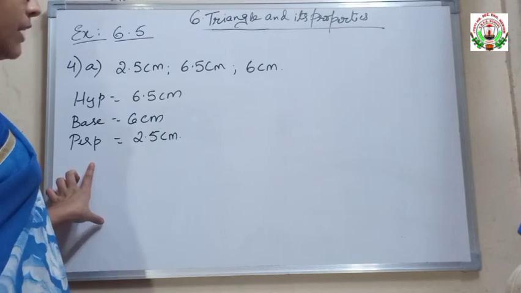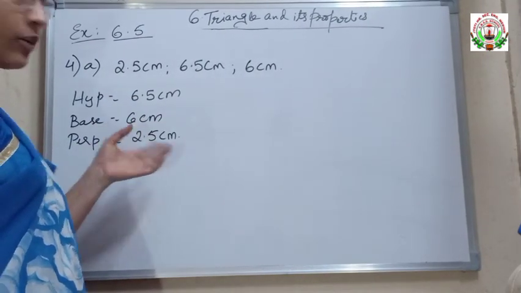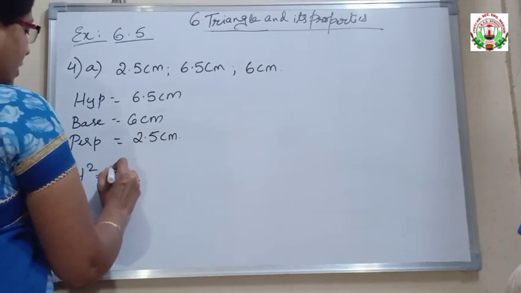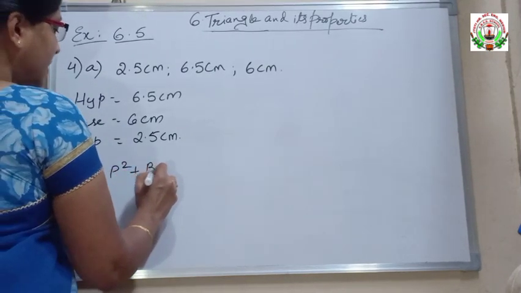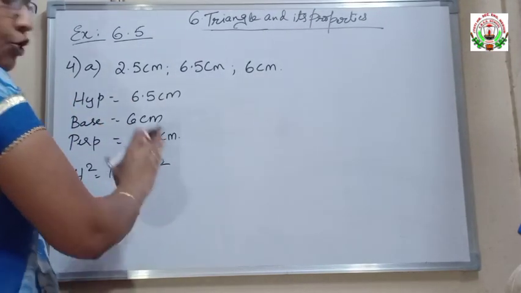Now we have to find whether these measurements form a right angle triangle or not by using the Pythagoras theorem only. We know that hypotenuse square is equal to perpendicular square plus base square. Here all three measurements are given.